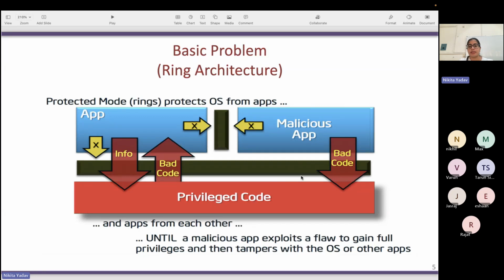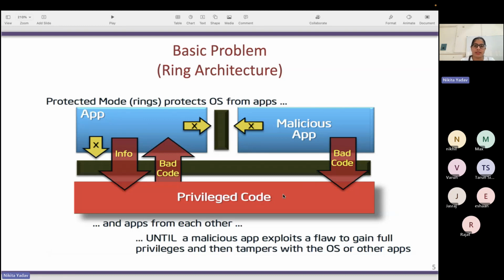When it is making a system call, it can pass some value to the system call so as to hijack the control of the OS, and it can try to take over the OS.